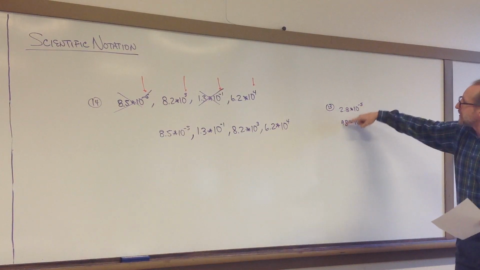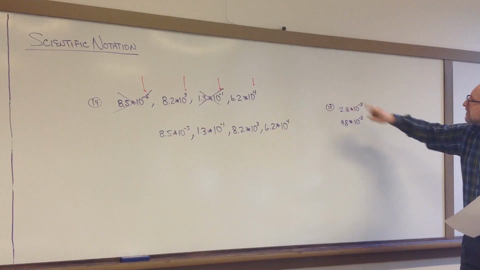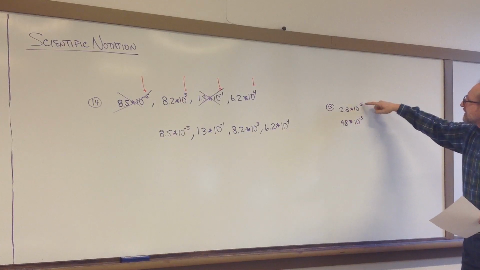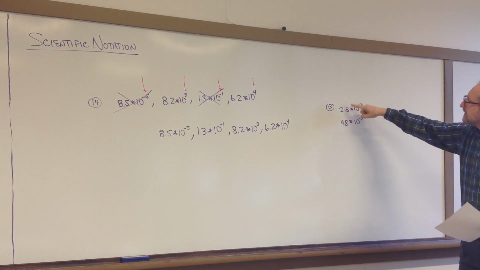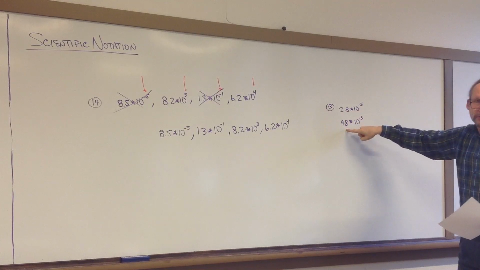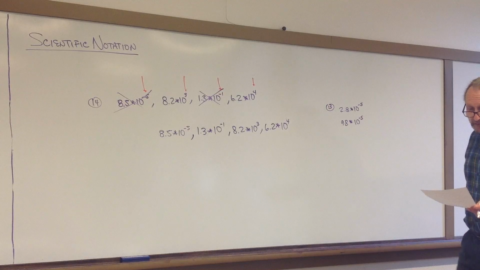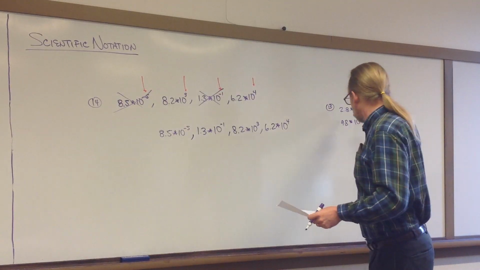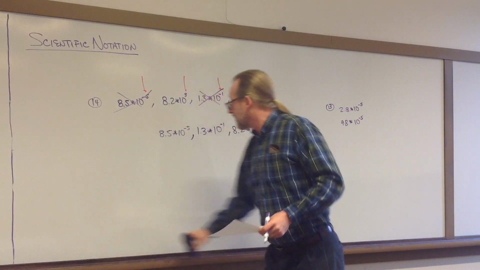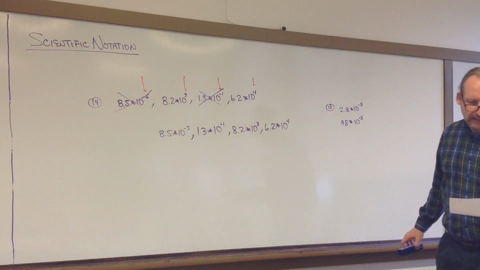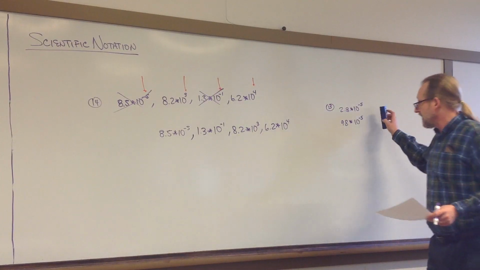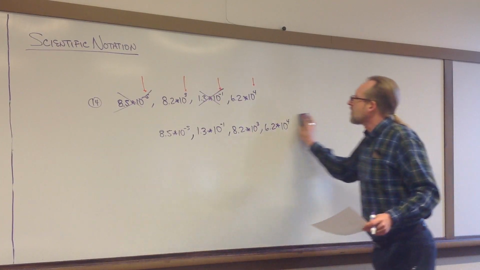So at that point you can just compare this part. These are the same, so all you have to do is compare these numbers. This one's smaller, this one's bigger. For the smallest number in number 13, you should look for a higher negative exponent in that one that will start the answer out.